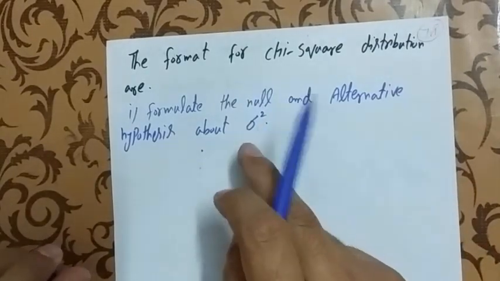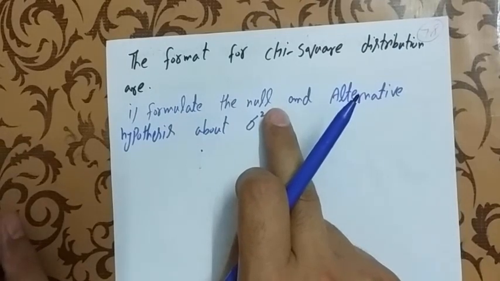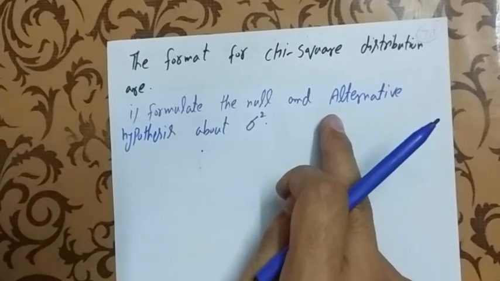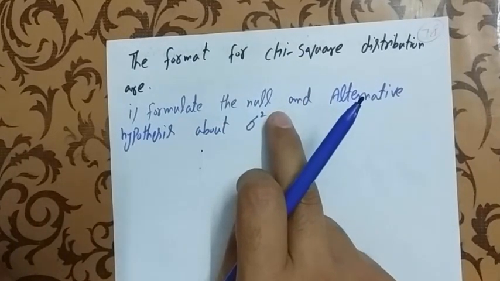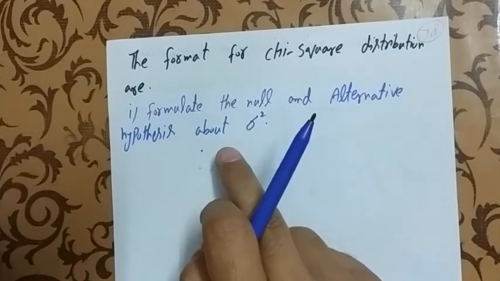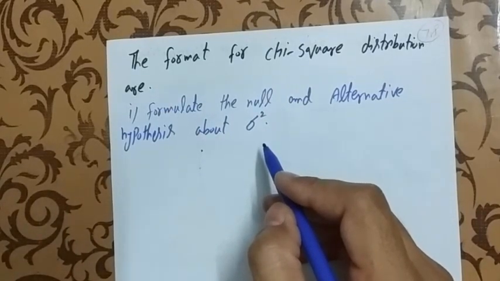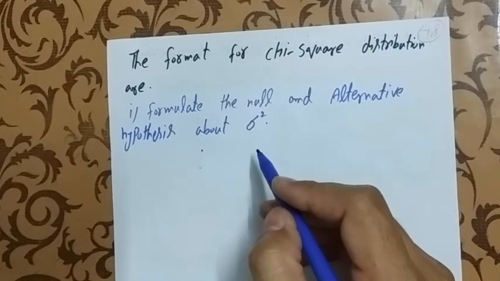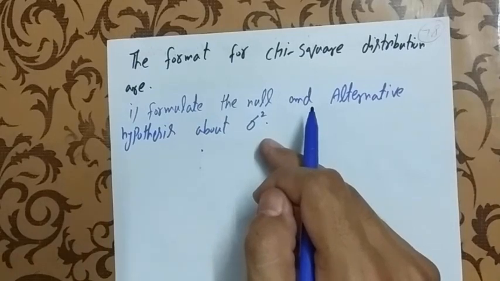Class, normally null hypotheses are given in a problem. In most problems alternative hypotheses are also described, but the null must be described in a problem. In a chi-square test, we always formulate the null and alternative hypothesis about sigma square, not about the mean.